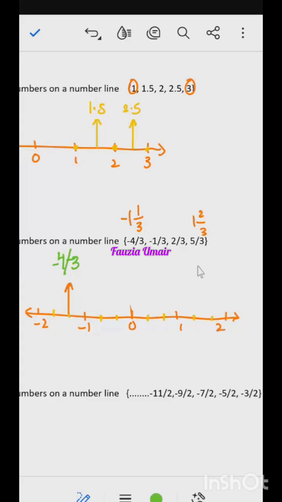So minus 1 by 3 will be where? Between 0 and minus 1. That's right. So this is the portion where minus 1 by 3 will be located.